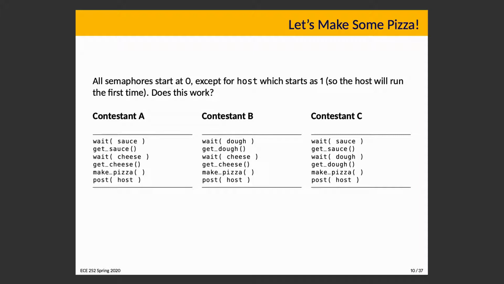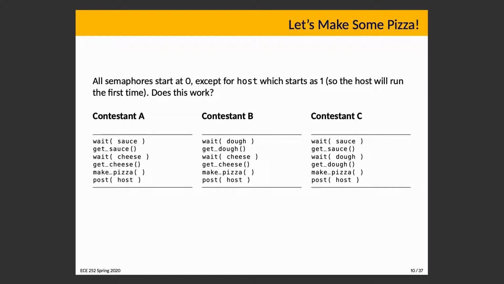Now, it requires us to take a little bit of a look at what the host does, and I didn't put any pseudocode for the host, but given our understanding of what the host does, we should be able to imagine fairly easily what his behavior is. If the host is going to be activated, so we'll have a wait on host. If the host is unblocked at that point, the host continues.